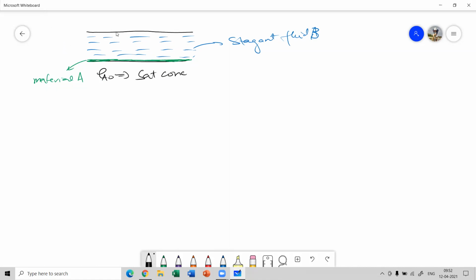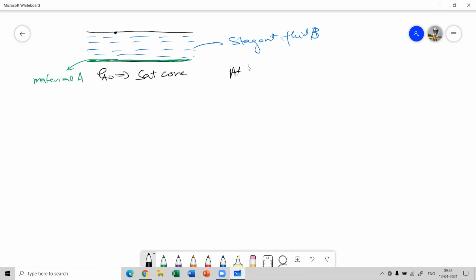As it reaches the upper plate, there is a chemical reaction occurring, so its concentration is 0 at that point. When A diffuses through this stagnant film and reaches the upper plate, it quickly undergoes a chemical reaction. So that means over the upper plate, the concentration of A is supposed to be 0.